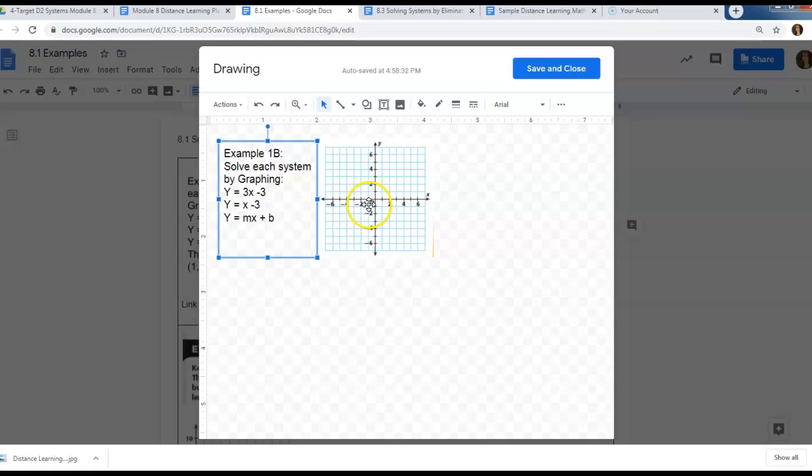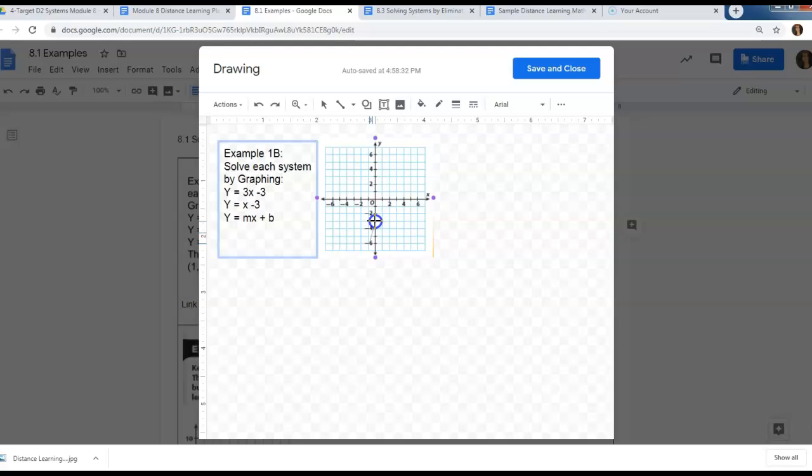So what I'm going to do is go ahead and make the line. So right here, select the line. And once again, I started right there, negative 3. Now remember, I can also go down 3, 1, 2, 3, and then to the left 1. So when I make the graph, I'll start right there. So that's my y-intercept, negative 3.